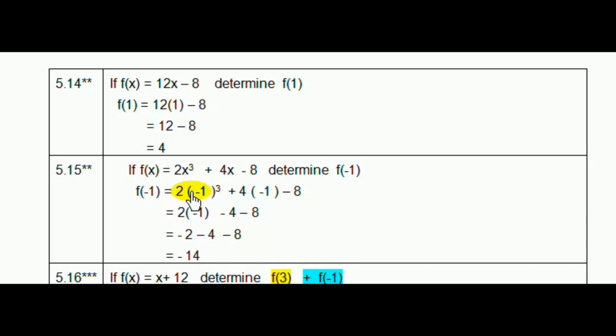First, get rid of all the brackets. Minus 1 times minus 1 times minus 1, 3 times, not times 3. Minus 1, 3 times with each other is minus 1 then, the sign as well. That'll give you that minus 2. There you have the minus 4 if you multiply the plus with a minus, and a minus 8 at the back. Altogether, minus 14 then.